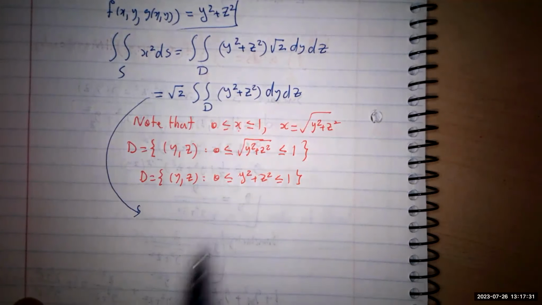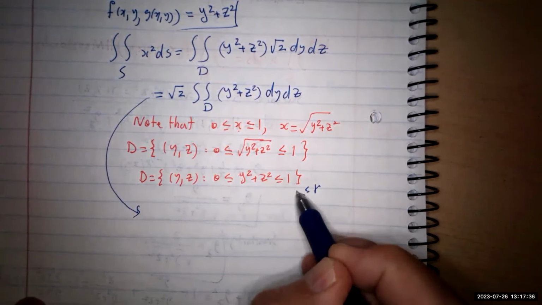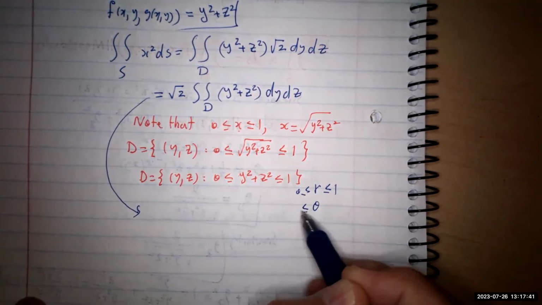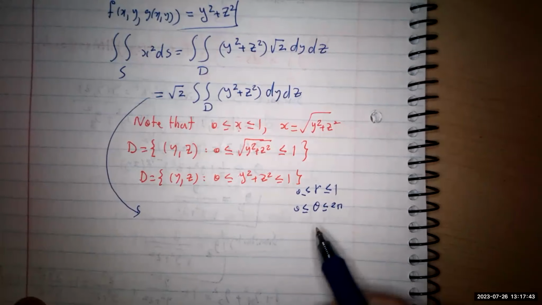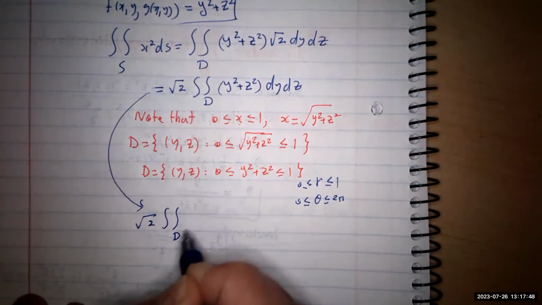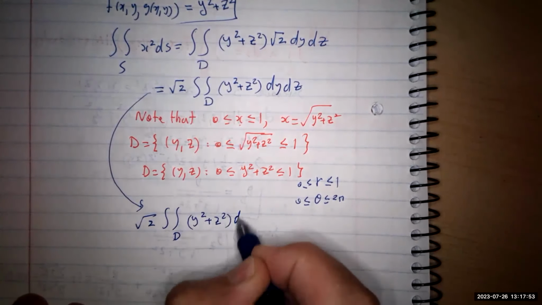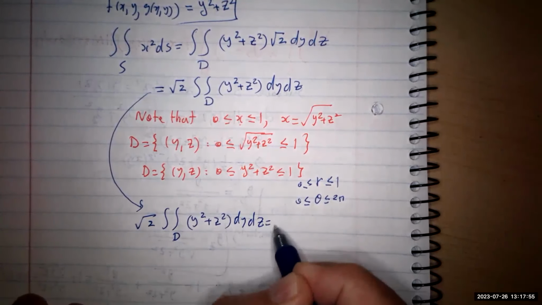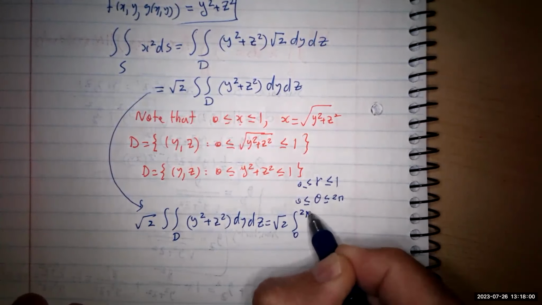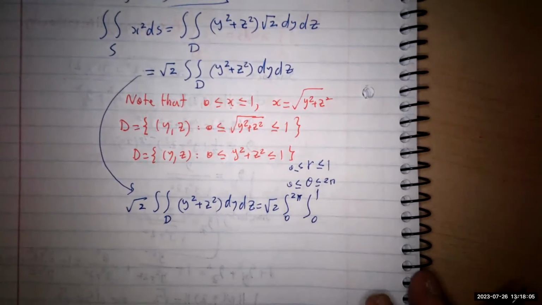And so in polar coordinates, r is going to be between 0 and 1 as usual, and your theta is going to be between 0 and 2 pi. So the radical 2 times the double integral of y squared plus z squared dy dz would change to radical 2, integral from 0 to 2 pi, integral from 0 to 1 for the r.